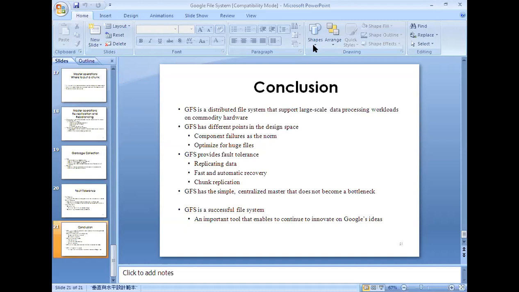If you have any queries, you can ask. Otherwise, we'll move to the discussion of Hadoop and HDFS. Any queries? Because one should be clear with this GFS. That is the reason why I'm asking.